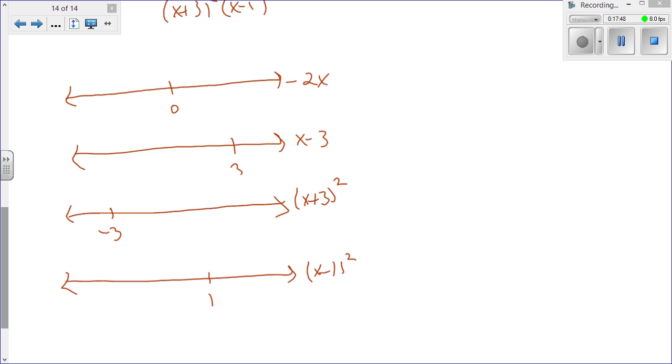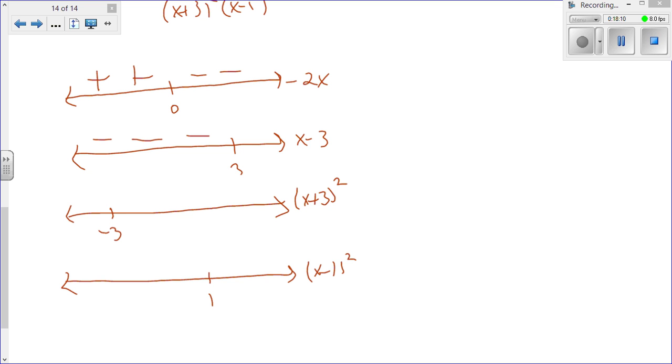So now I have one number line for each factor. If I put in a negative number for the first line, I will end up with a positive. Put in a positive number, I end up with a negative. On my x minus 3, I put in a number less than 3, I'll get a negative.